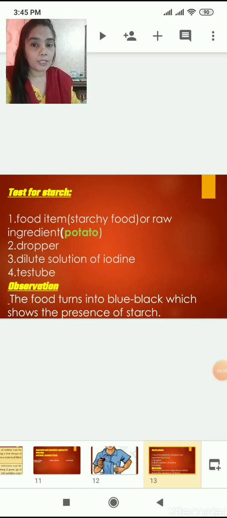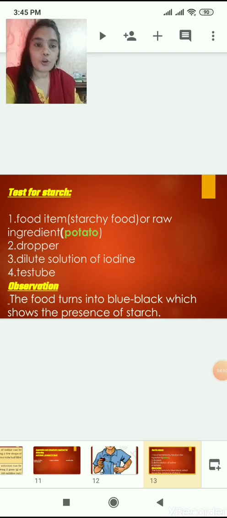How will you add? Take the dropper, put it in the bottle, draw the dilute iodine solution, and only 2-3 drops you will drop on the food item.